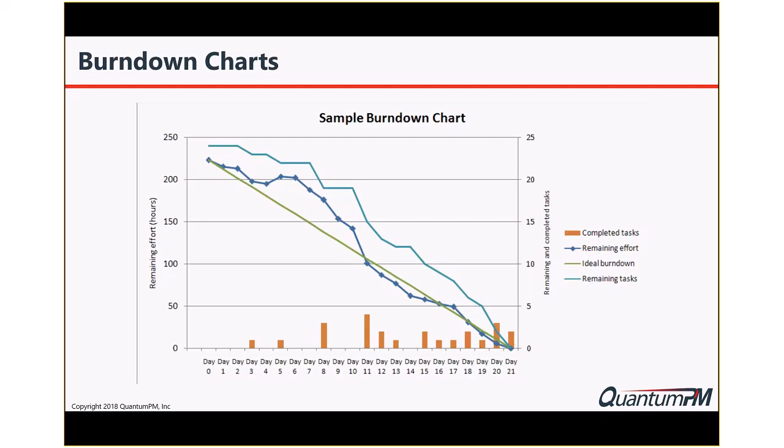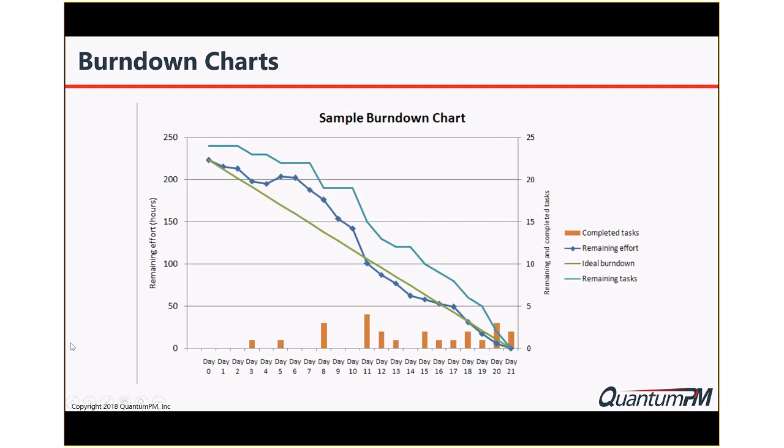Over time, what you're trying to do is learn how much you can get done in a typical set of time. So this is a burn down chart that tells us that by the end of this 3-week period, 21 days, we expect to have this much work done. The amount of work shown here is in terms of effort, and also the number of tasks that are going to be completed in that time.